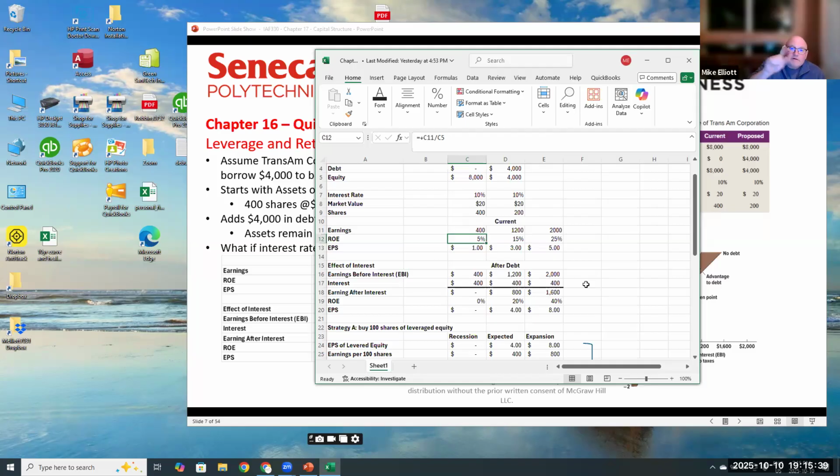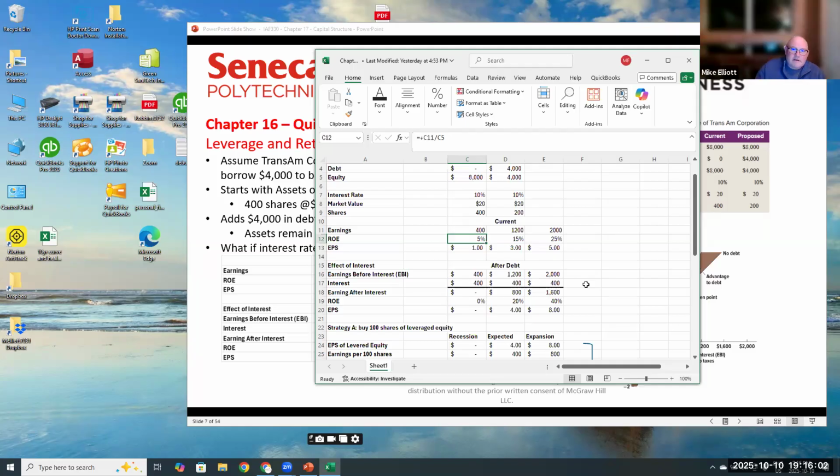If we had looked at the case with the $1,200, we have $1,200 in earnings before interest. We have $400 in interest. Earnings after interest is $800. Our return on equity has actually gone up to 20% from 15%. What happens in the other one?